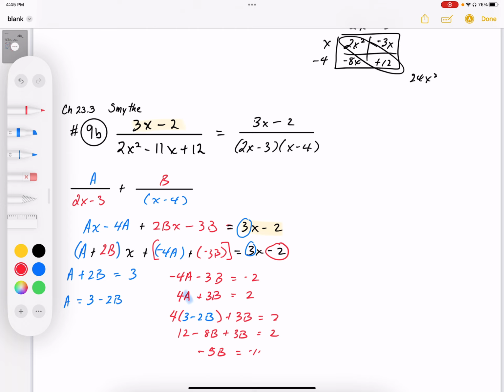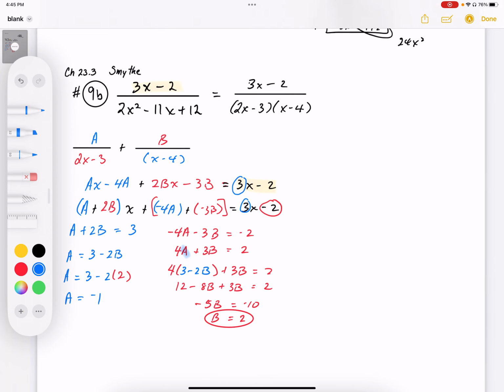Subtracting 12 from both sides, I get negative 10. B is equal to 2. So solving for B allows me to also solve for A. So B is equal to 2. When I solve for A, 3 minus 2 times 2 is negative 1. So there are my partial fractions.